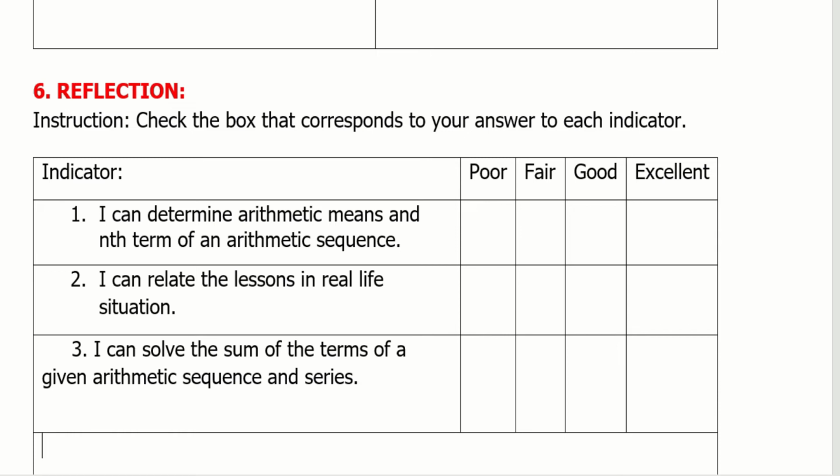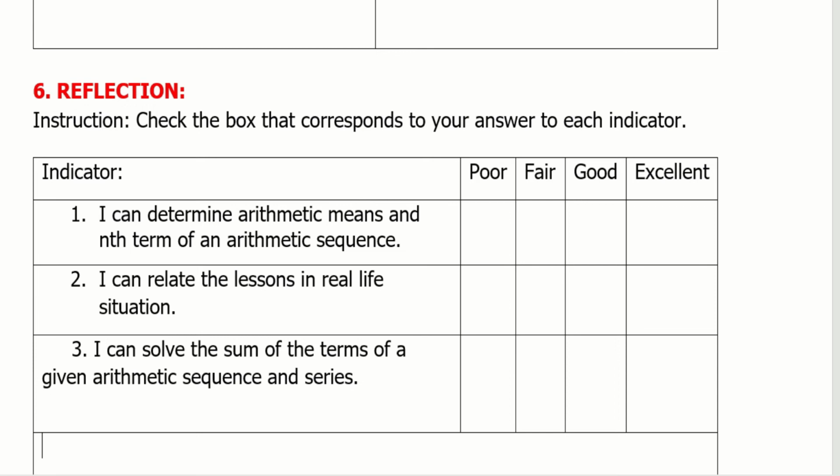So first we have, I can determine arithmetic means and nth term of an arithmetic sequence. So they are going to check if they are good or excellent, or maybe they are poor or fair. Next we have, I can relate the lessons in real life situation.